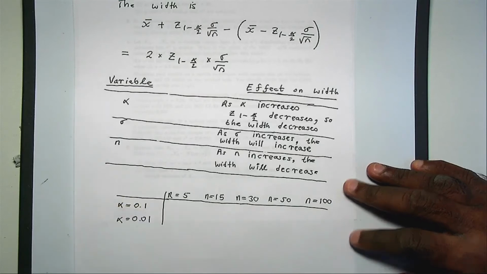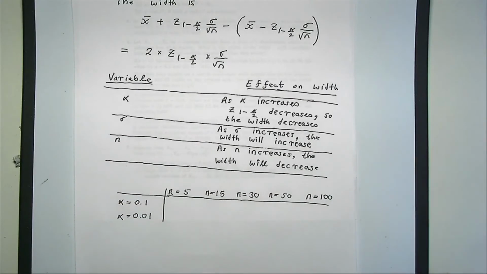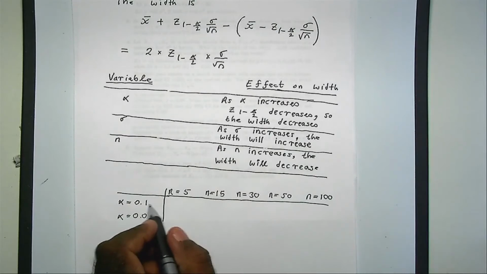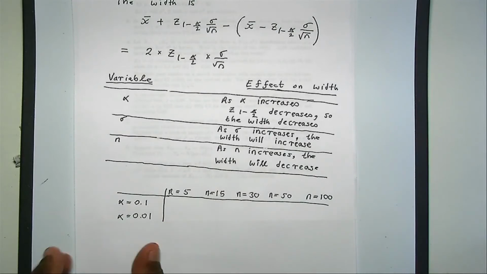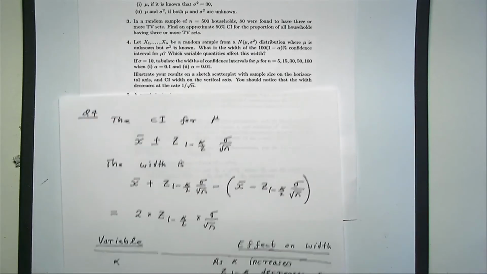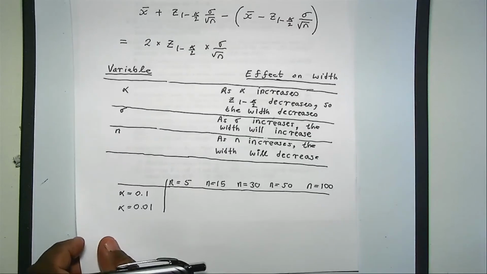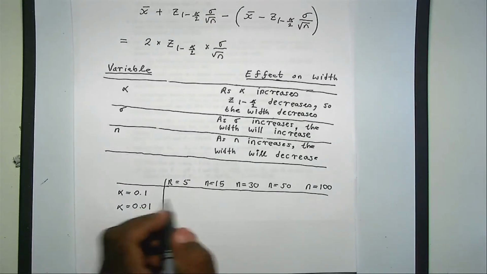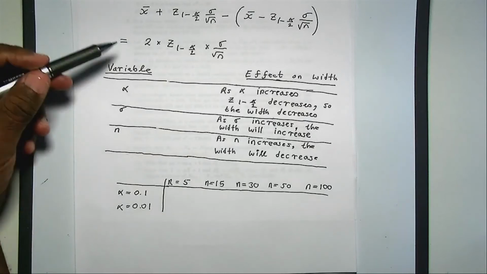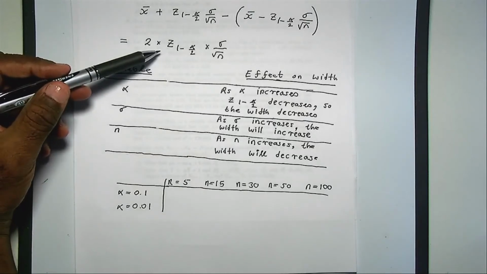Now what I'm going to do is, in this table, for each combination of alpha and n, taking sigma to be 10, right? So we are assuming sigma is 10. For each combination, I'm going to compute this formula here.